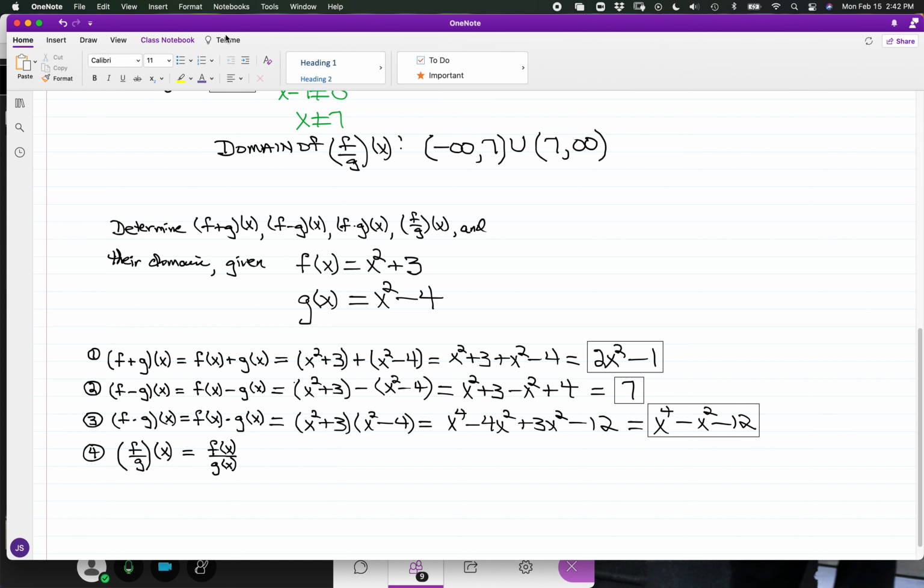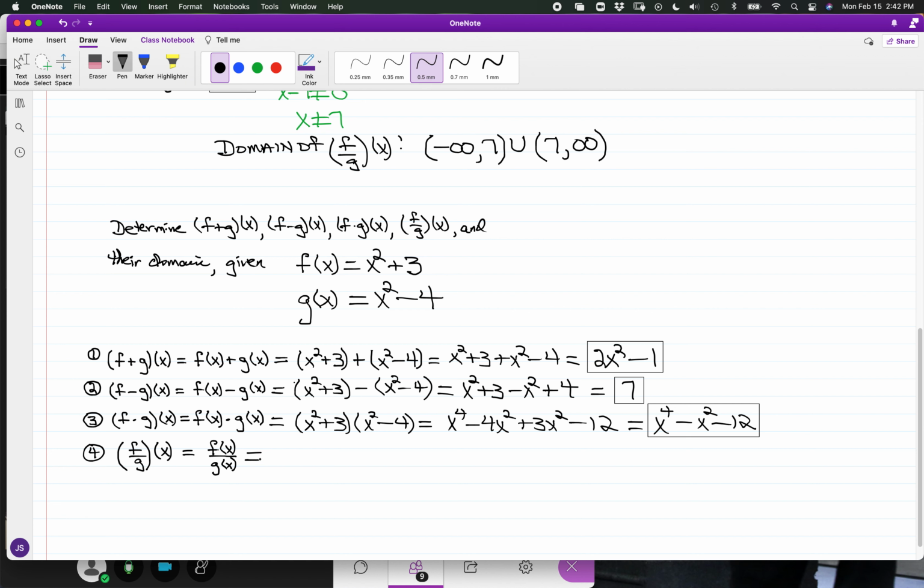And in the case of the quotient function, again we have f over g of x, which is f of x over g of x. So we have x squared plus 3 all over x squared minus 4.